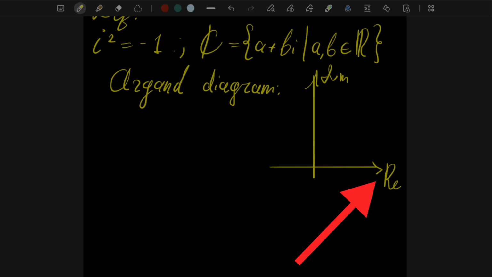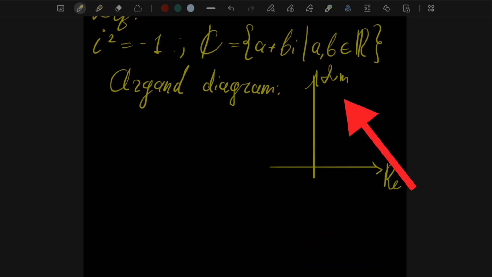So we have the real axis and an imaginary axis. Here we will have the real part of our number, a, let it be, and here we will have b, the imaginary part. And just like that, we can write a vector which will correspond to our complex number z.